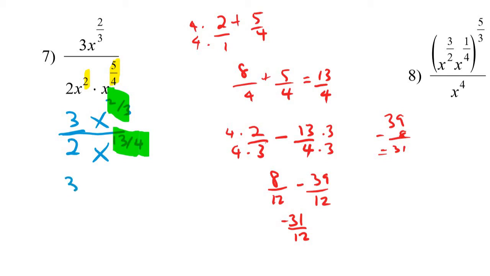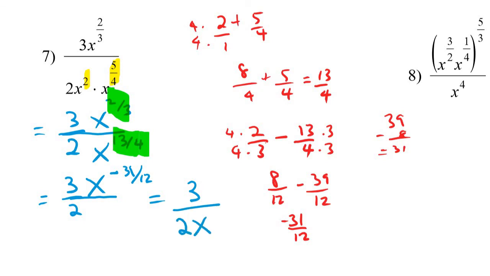So our final answer will look like this. It's going to be 3/2, and then the x at the top with a negative: x to the power of negative 31/12, which we can bring downstairs. We can rewrite it as 3/2 over x to the 31/12.